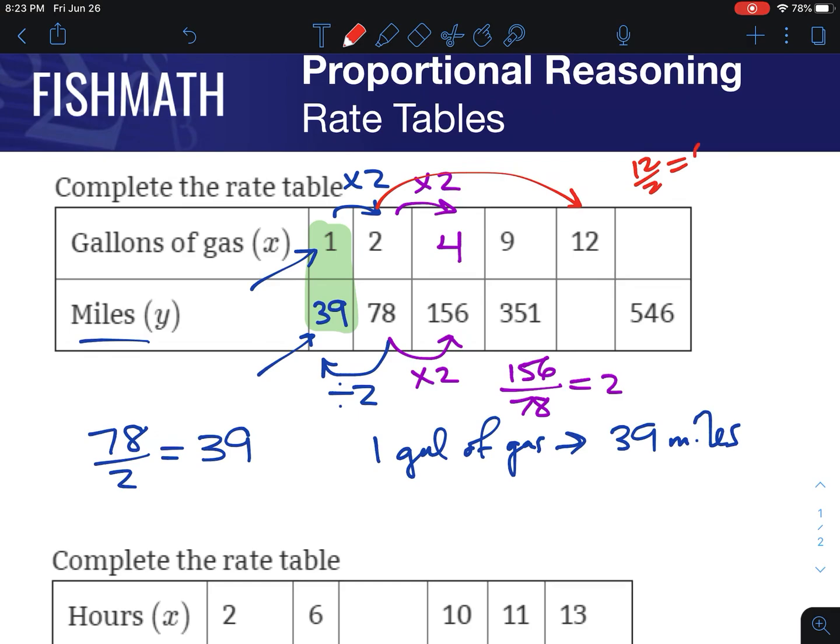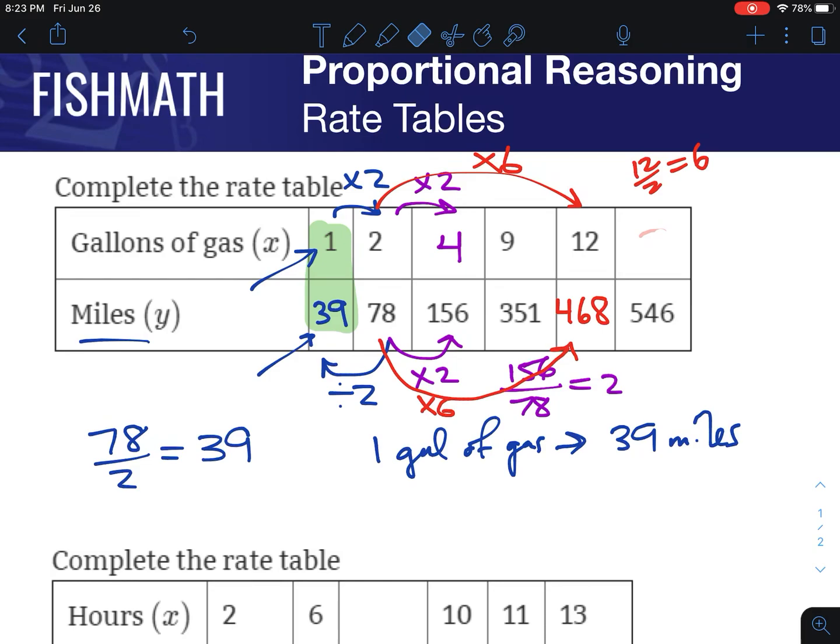Well, you just do 12 divided by 2, and that's 6. So the scale factor is times 6. So we're going to take the number for 2, do times 6 to that, and we'll get the number for 12. So we're just going to take 78 times 6, our scale factor, and we get our answer here, 468.